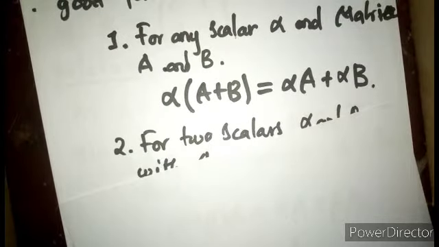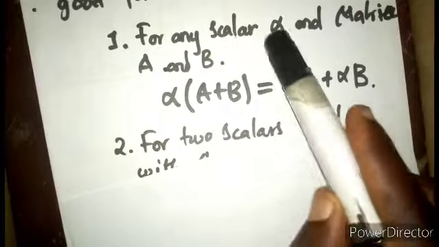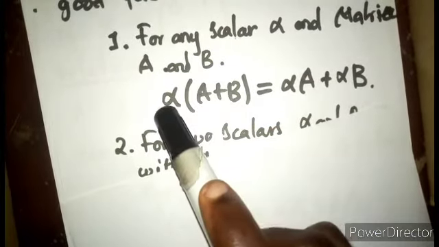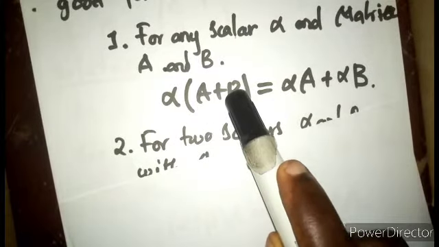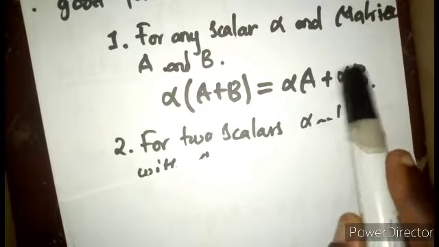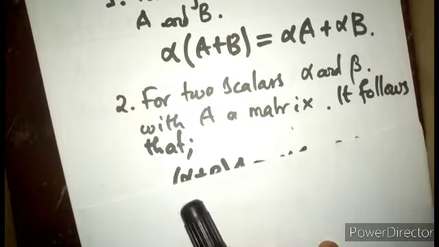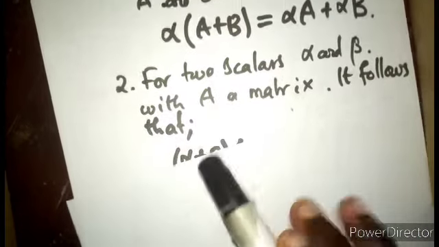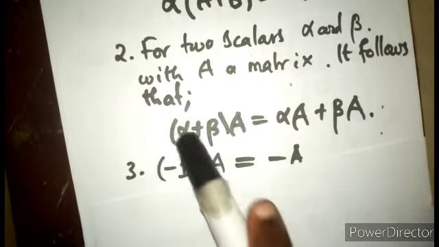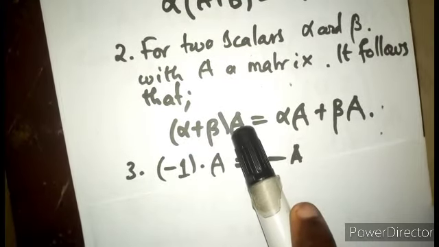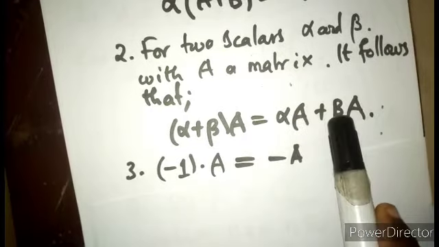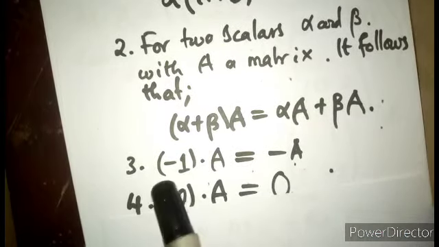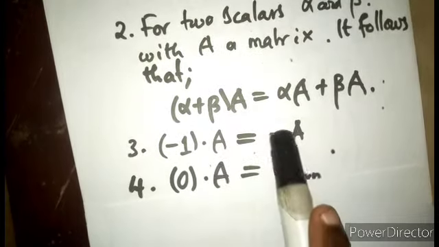The first of them is, suppose alpha is a scalar and A and B are matrices, then alpha times A plus B will always be equal to alpha A plus alpha B. If now you have two scalars, let's say alpha and beta, and a matrix A, then alpha plus beta in bracket times the matrix A is the same thing as alpha A plus beta A. The third fact is minus 1 times A is minus A.